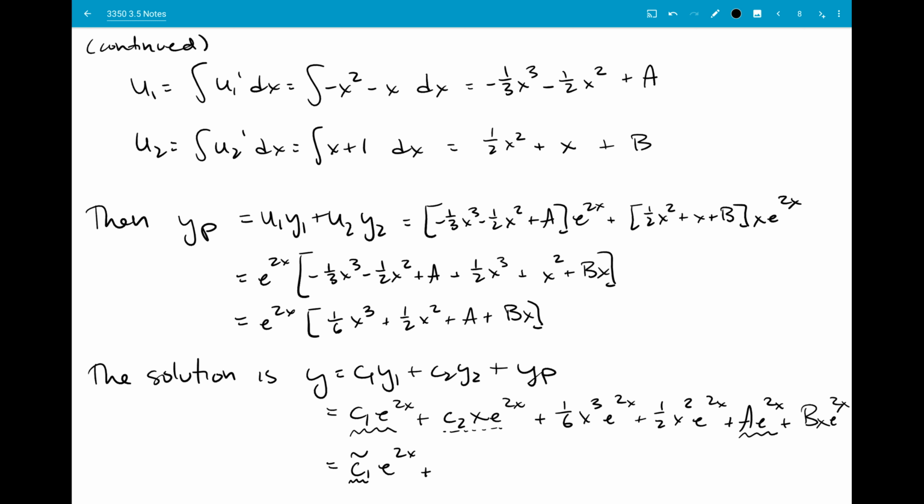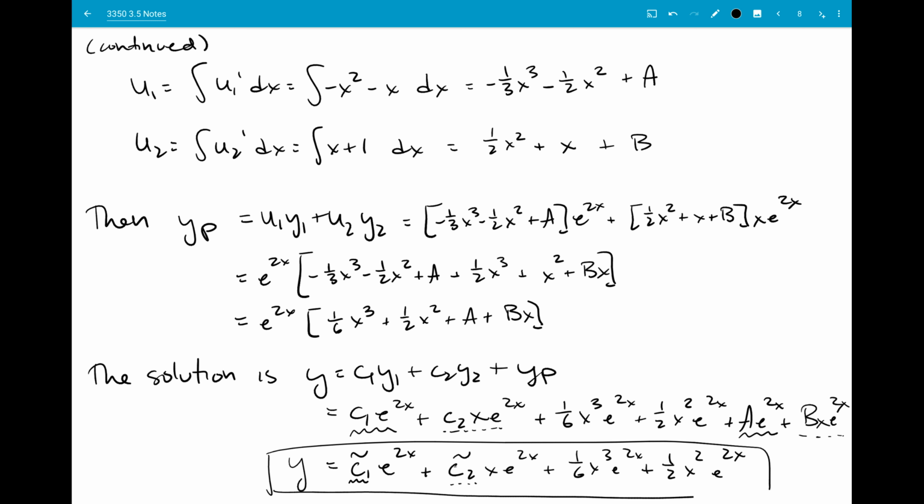My c2 x e to the 2x and my bx e to the 2x are just some c2 tilde x e to the 2x, plus 1/6 x cubed e to the 2x plus 1/2 x squared e to the 2x. And then that's just my general solution.